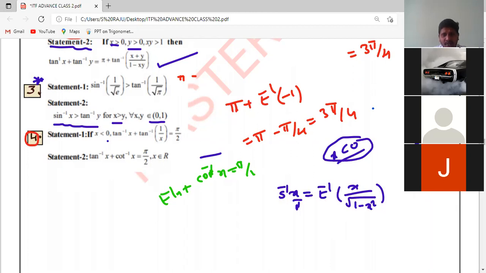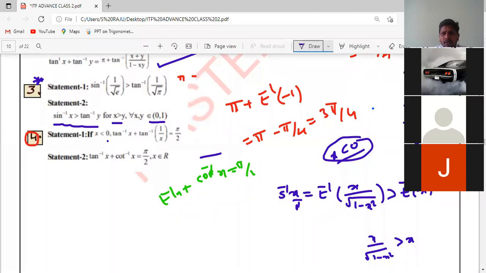Tan inverse x is also increasing. For example, if x is less than y, tan inverse x is less than tan inverse y alone. So here it is clearly greater than tan inverse x, because x by root over 1 minus x square is greater than x. So tan inverse of x by root over 1 minus x square is greater than tan inverse of x. You can take any value from 0 to 1.